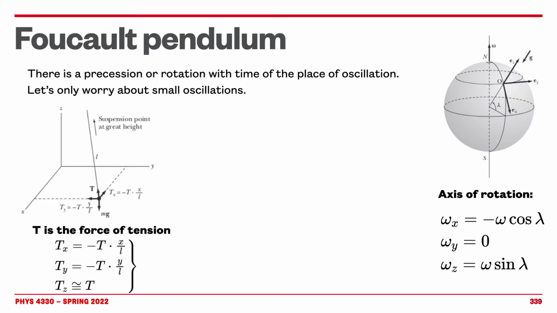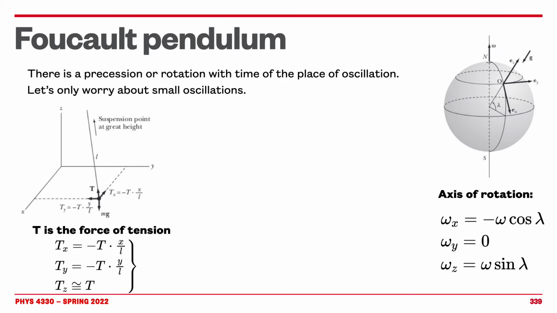Okay, now we know also that we have a pendulum. So the pendulum has forces on it, which are the tension due to the rope itself, and then the gravitational force. If you look at the picture on the left-hand side, you see that the tension has components along x, y, and z.